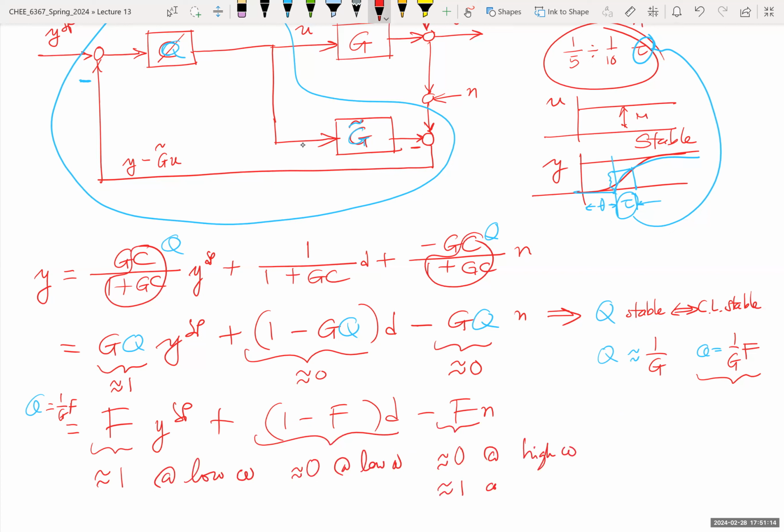Omega, about 1 at, sorry, the other way around. Okay, this is going to be at low frequencies. We're going to have all these set points go through at low frequencies, so low omega, and at high omega here.